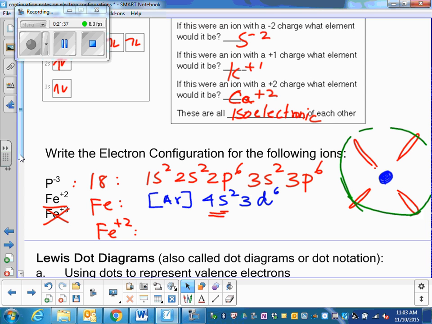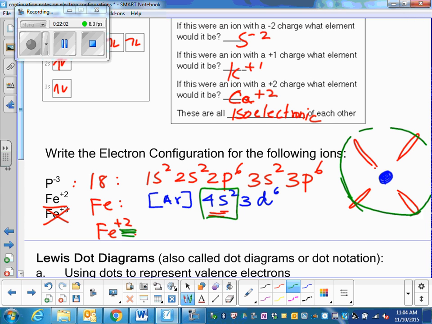Does that make sense? This is more readily available to be pulled out. So when you make the ion Fe plus 2, which electron is lost? The 2 electrons that are lost are first lost from the 4s and not from the 3d.